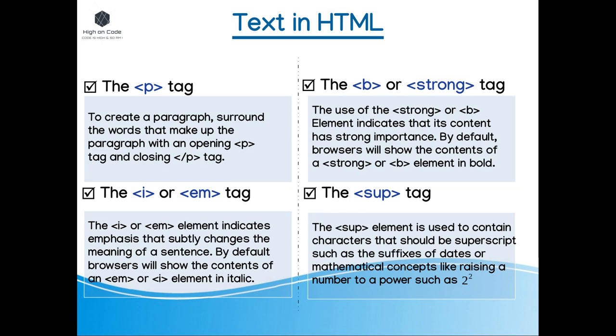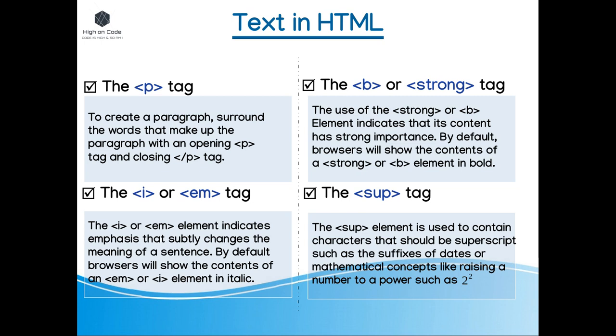By default, the browsers will show the contents of the elements inside this tag in bold. The next tags are the italic, or emphasize tag. Similar to the bold or strong tag, the browser will show the content of the italic or emphasize tag in italic form.